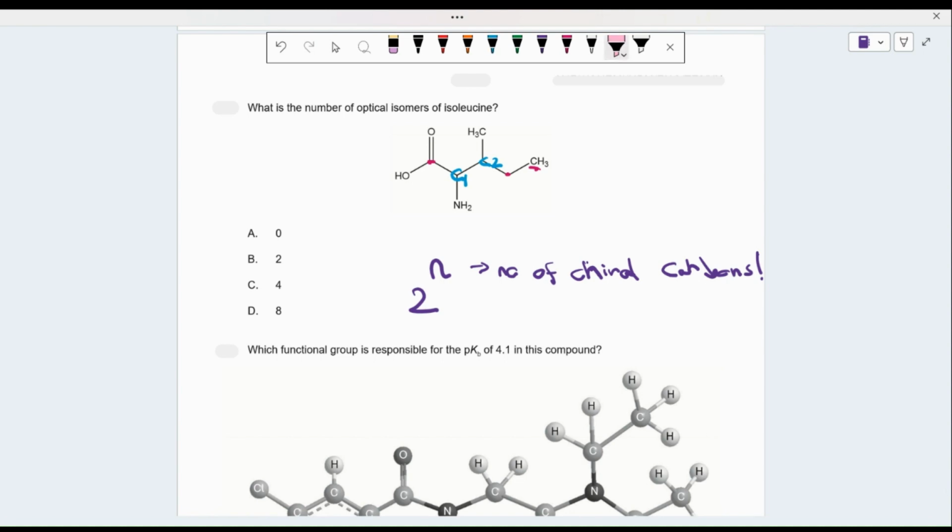That has 1 going up here, 2 going over there, 3 going all the way, and number 4 would be here, and it's an H. The same applies to the other chiral center. So that would mean 2 to the power of 2 equals 4. That is the number of optical isomers.